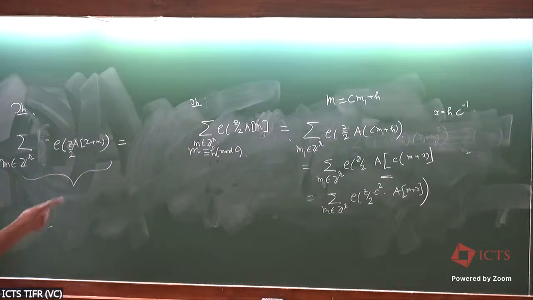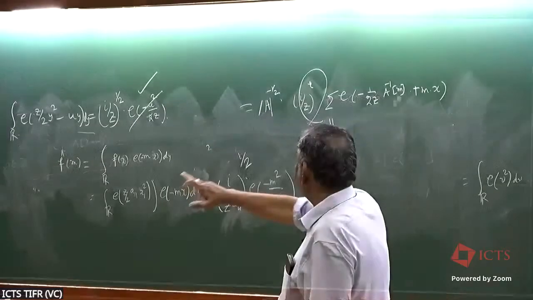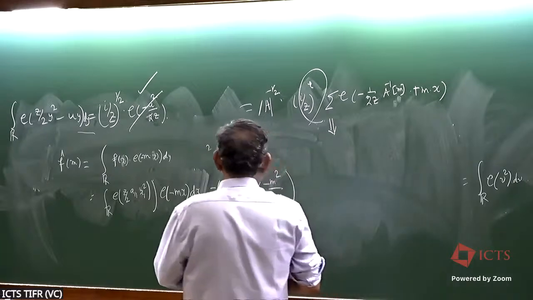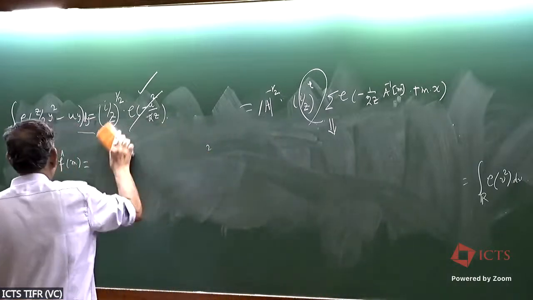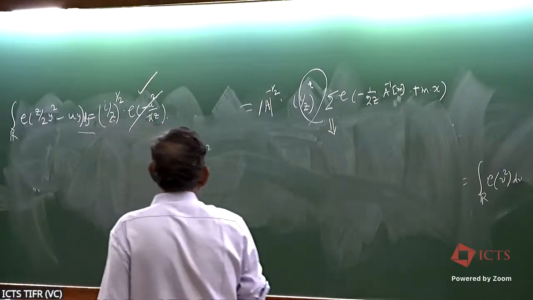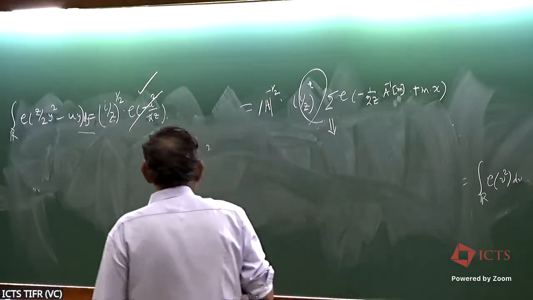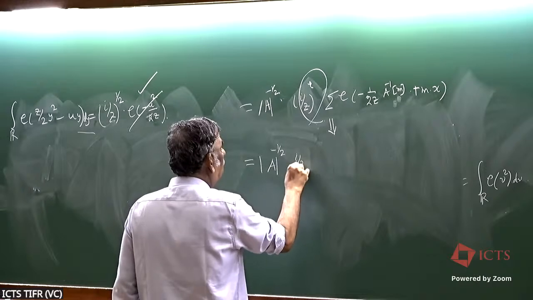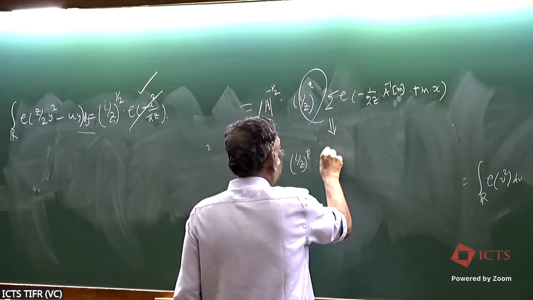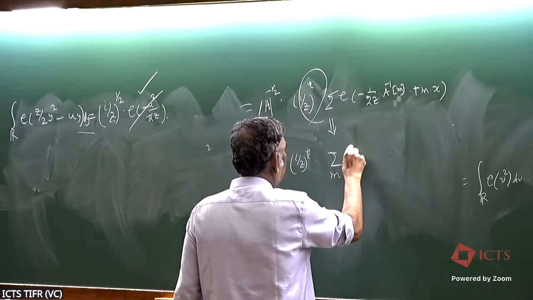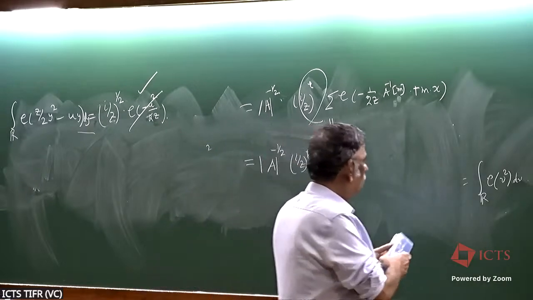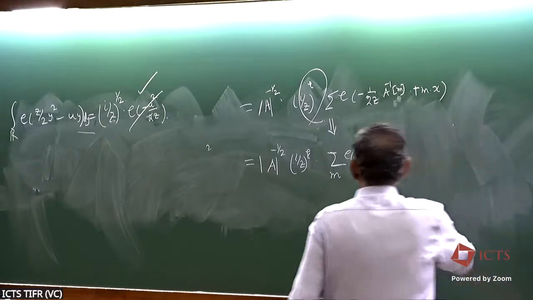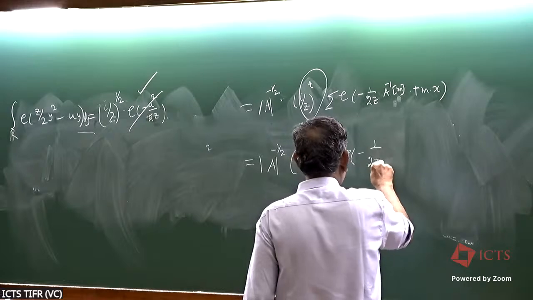Now I can go back here and simplify what this funny thing means. This is what I have done. And then I simplify this. This gives you mod a power minus half, I over z power k as it is. Then you have a summation over m, and then you have e of minus 1 over 2c, which becomes 1 over 2c.